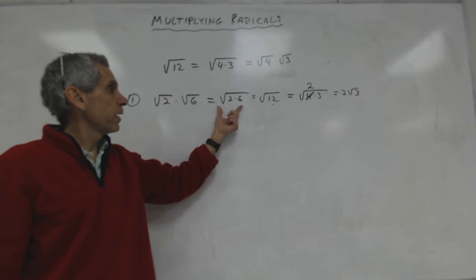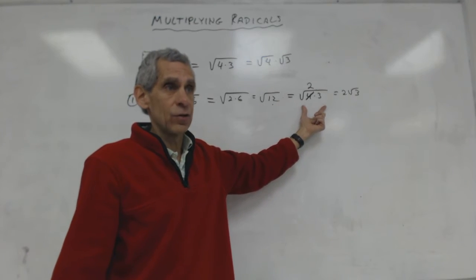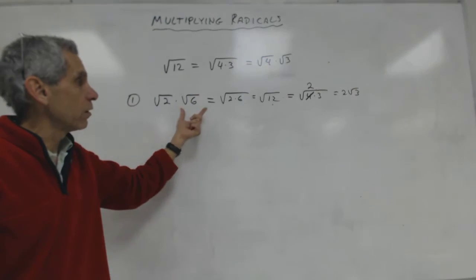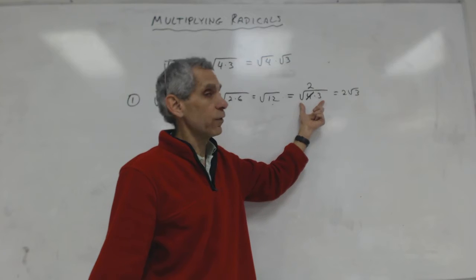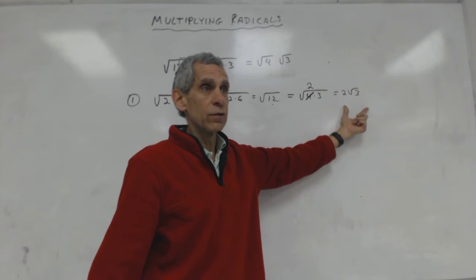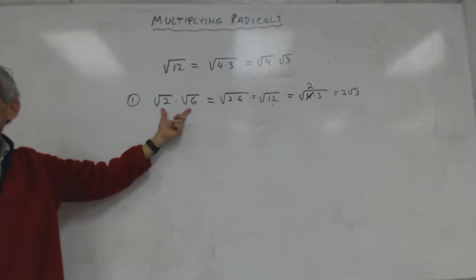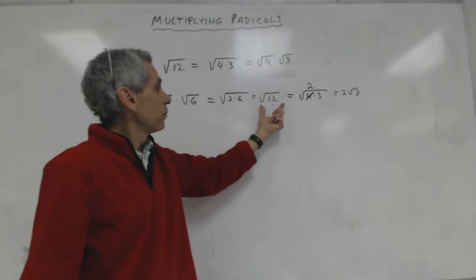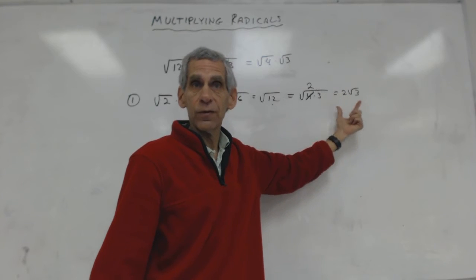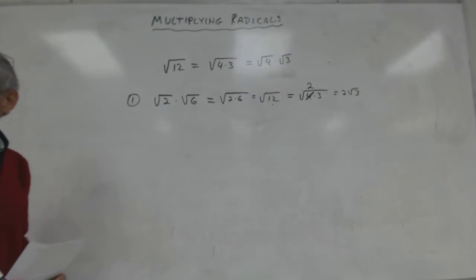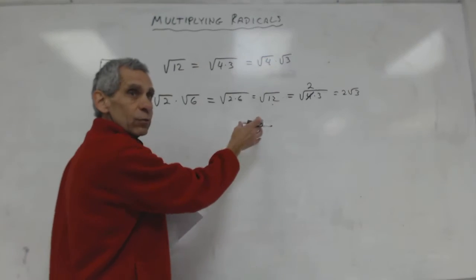But when you multiply them out, you get 12, and there might be factors of 12 that have perfect squares in them, and therefore will simplify. You wouldn't think you could simplify at first, but once you get here, you can go backwards and see, oh yes, I could have simplified this. So you've got to multiply them out to see what you get.